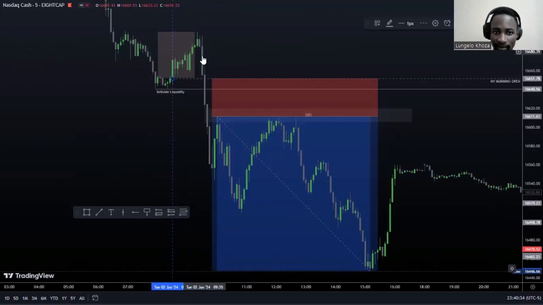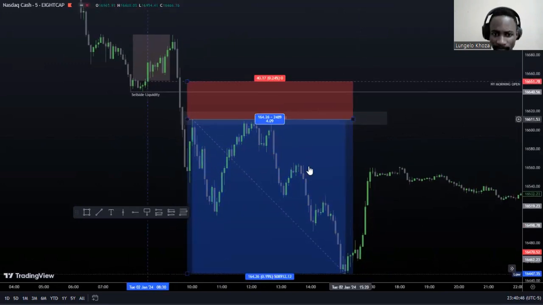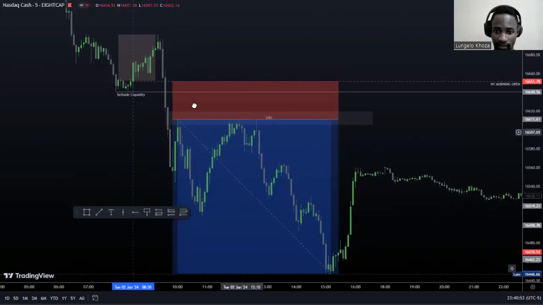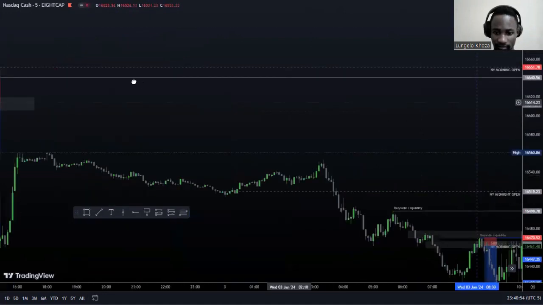You can also see that the price didn't come there. So I'm gonna get on this one, target these lows, and maybe hold until here if you wanna hold. So that's the first trade for the 2nd of January. Let's go on the 3rd.